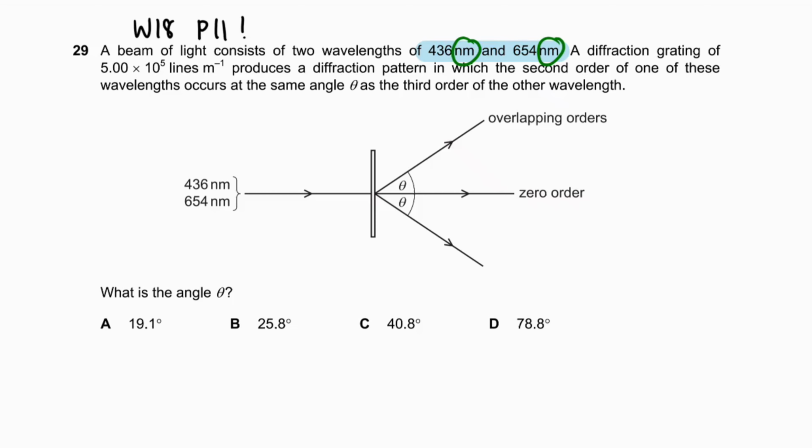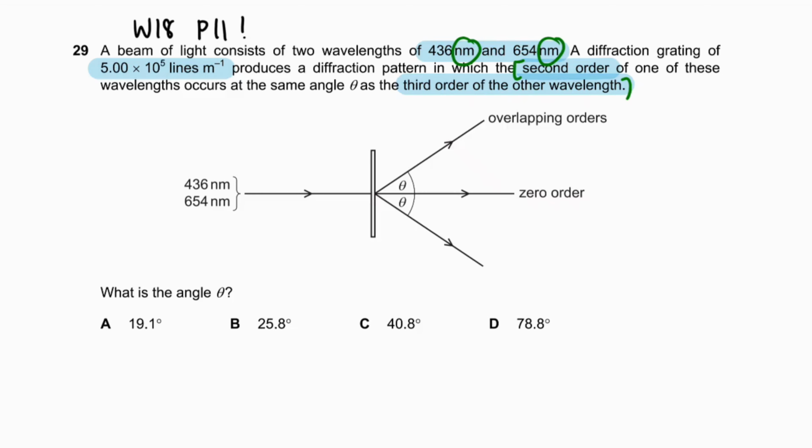Then they said a diffraction grating of 5 times 10 to the power of 5 lines per meter produces a diffraction pattern in which the second order of one of these wavelengths occurs at the same angle theta as the third order of the other wavelength. What does this whole sentence even mean?